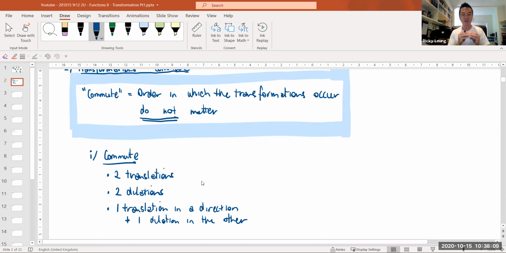If you had one translation horizontally and one dilation vertically, it doesn't matter which order you do. However, in the case where there's one translation horizontally and one dilation horizontally, the order does matter and it does impact it. And that gives us a nice little list for the ones that do not commute.